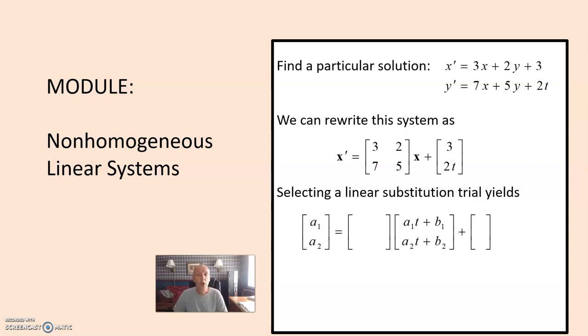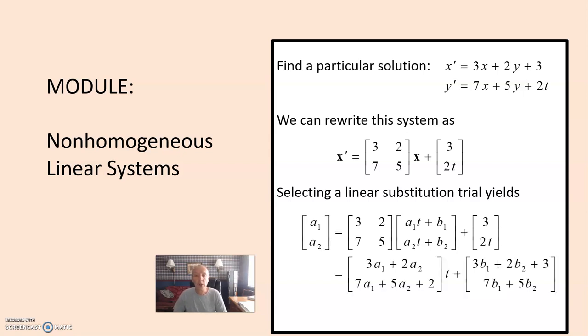On the left-hand side of our equation, we have our matrix a1 and a2, which is equal to 3, 2, 7, 5, that's our 2 by 2 matrix, times our vector x, our linear substitution trial of a1 t plus b1, and a2 times t plus b2, and as we mentioned, plus our column matrix 3 and 2t.